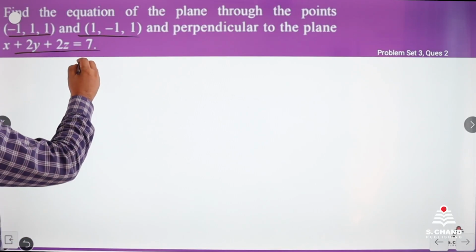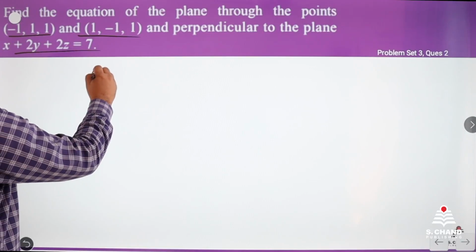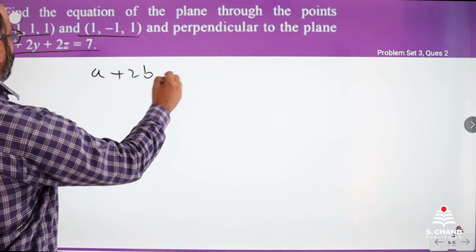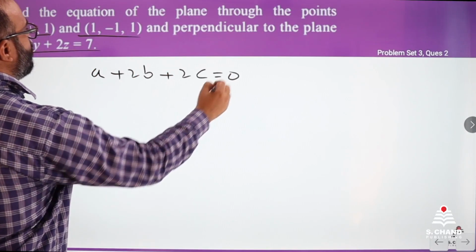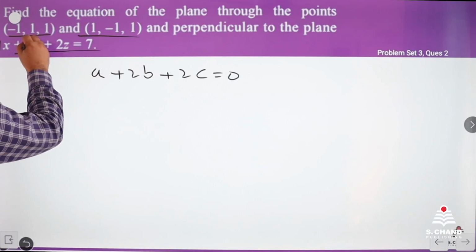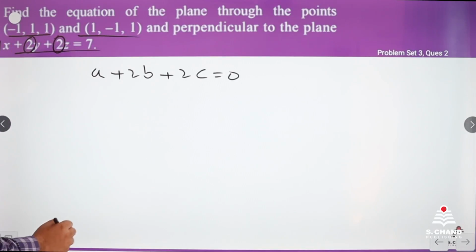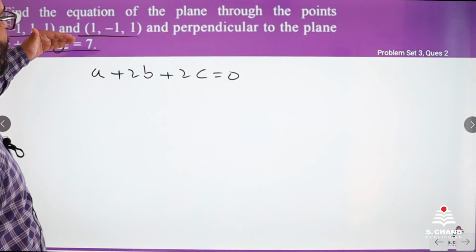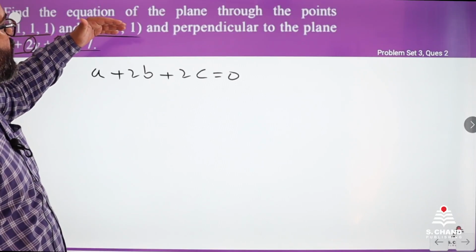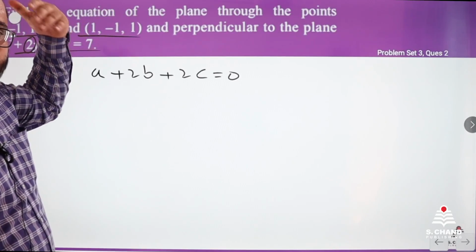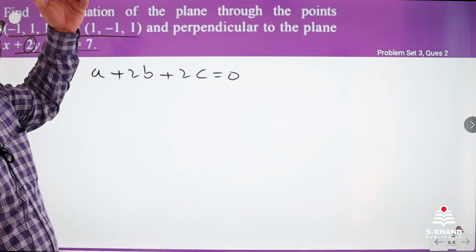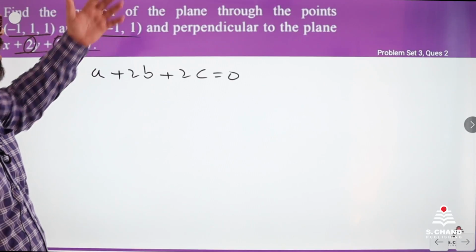So we can take A plus B plus 2C is equal to 0, with 1, 1, 2 being the direction of the normal of this plane. And let us suppose ABC is the direction ratio of the normal of the plane which we have to find.